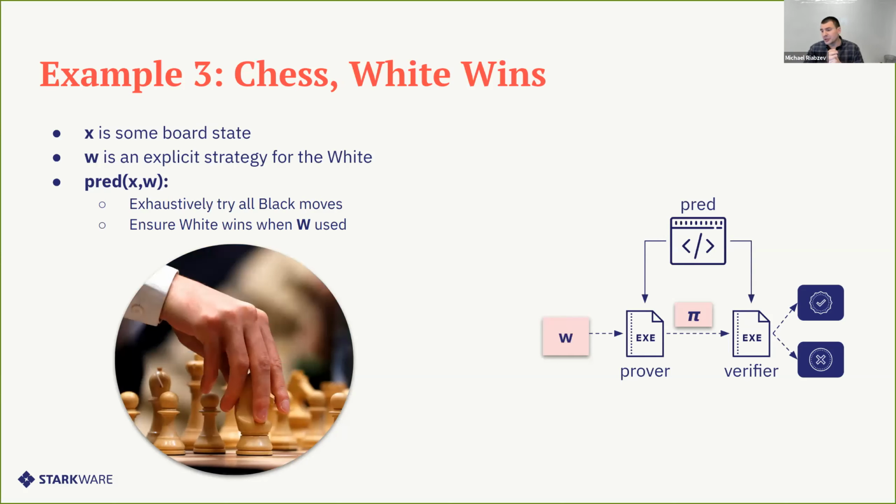So W, the witness in this case, could be an explicit strategy for the whites. For every step the blacks do, what would the white do in order to win? So this is indeed a predicate that one can write a program to verify. And you can think about this non-trivial claim that the prover can prove, that white always wins for some state.